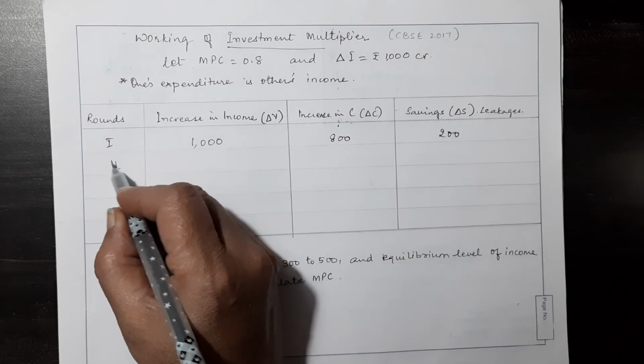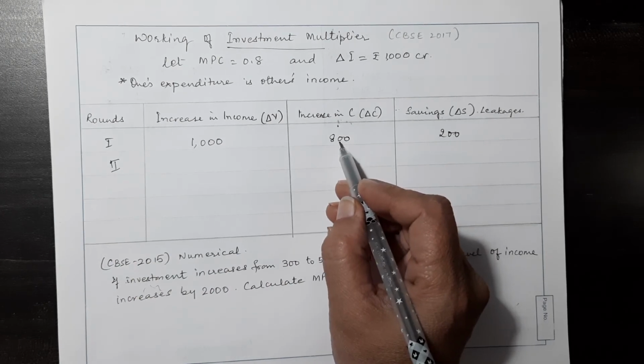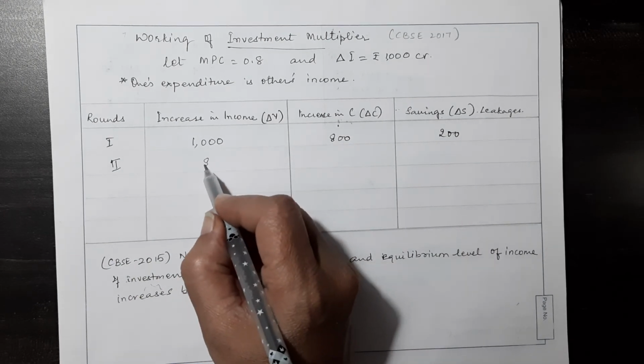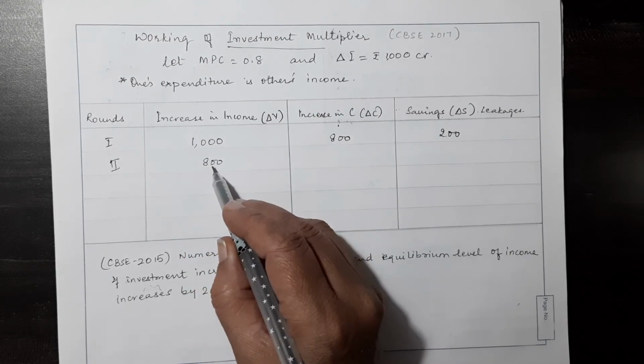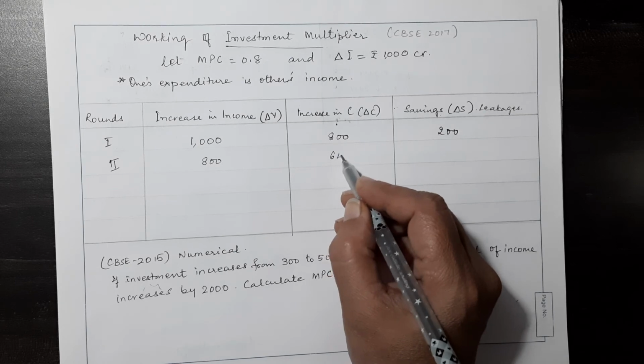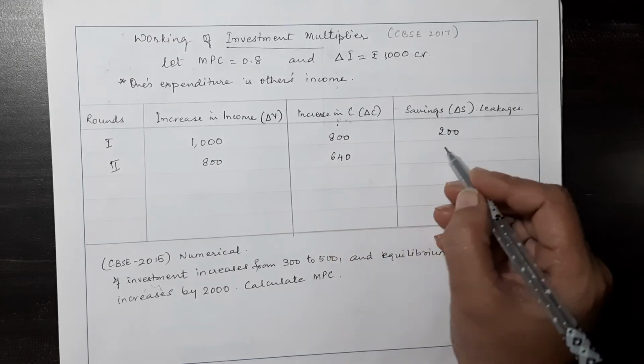Now in the second round, this 800 crore becomes the increase in income. 80% of 800, 8 eights are 64, so 640 becomes the increase in consumption, and 20% is saved.